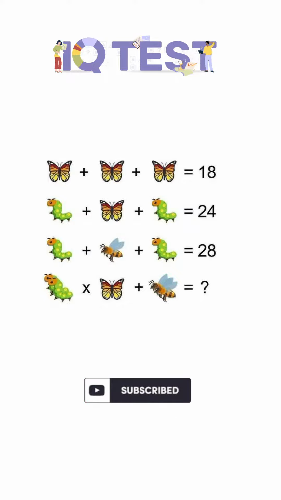You have 2 larvae multiplied by 1 butterfly plus 2 honeybees. So the 2 larvae, 1 is 9, so 2 will give you 18, multiplied by the butterfly. The butterfly is 6, so 18 times 6, plus the bees, 1 is 10, so 2 will be 20. So you are supposed to have 18 multiplied by 6 plus 20.